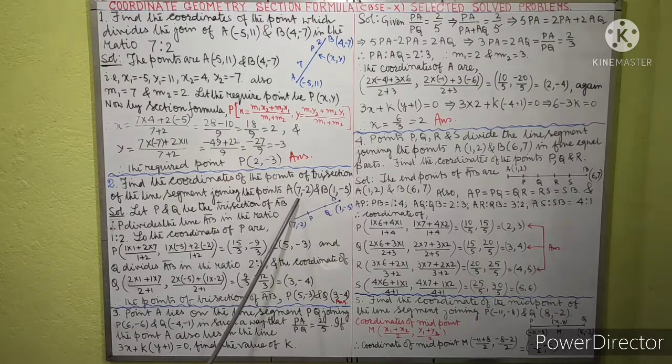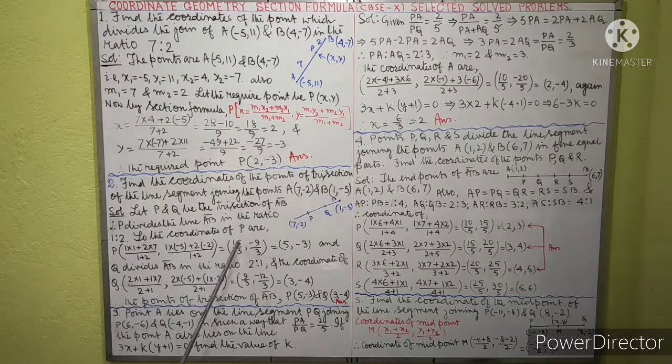So x1 is 7, y1 equal to -2, x2 equal to 1 and y2 equal to -5. Let P and Q be the points of trisection: first part, second part and third part, all these are equal. P divides the line AB in the ratio, this is 1 and this is 2 parts, so it is 1:2.